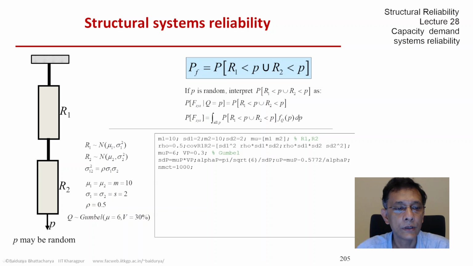Then we come to the Gumbel random variable. Its mean is 6, its COV is 0.3. So if I have done it correctly, we have the standard deviation of P, the alpha of the Gumbel distribution, and the u of the Gumbel distribution, also in terms of the mean and alpha.